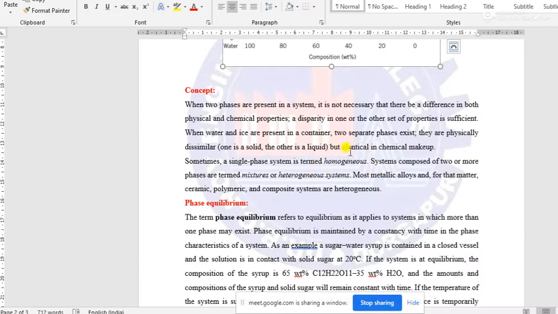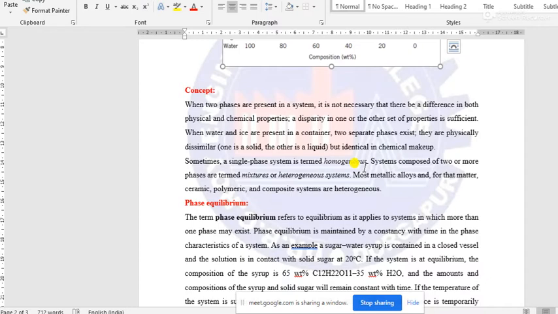Homogeneous system means there are no different characteristics of the material, and when there are different phases with different characteristics and properties, that system is called a mixture or heterogeneous system. This is the concept of phase.